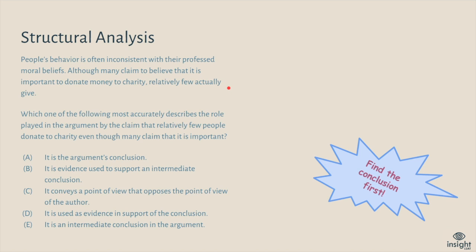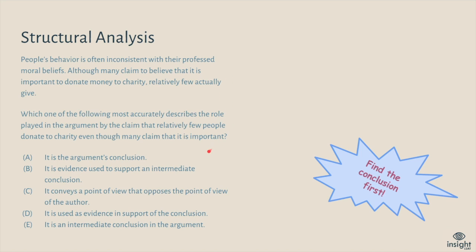So, because it seems like this is the kind of evidence that supports this kind of claim, makes it more convincing, I'm going to say that this is the conclusion of the argument here. This is the main point of this blurb. People's behavior is often inconsistent with their professed moral beliefs. And then this would have to be support for that conclusion.